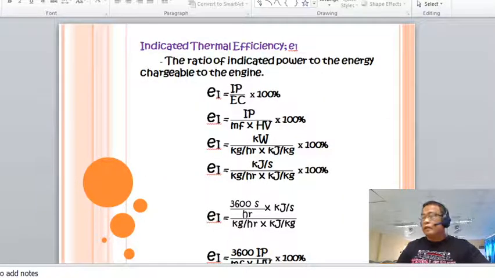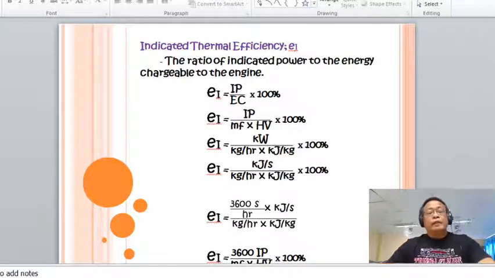Let us now proceed to the indicated thermal efficiency, designated as EI. This is the ratio of the indicated power to the energy chargeable to the engine. From the equation, EI, or the indicated thermal efficiency, equals indicated power over energy chargeable.